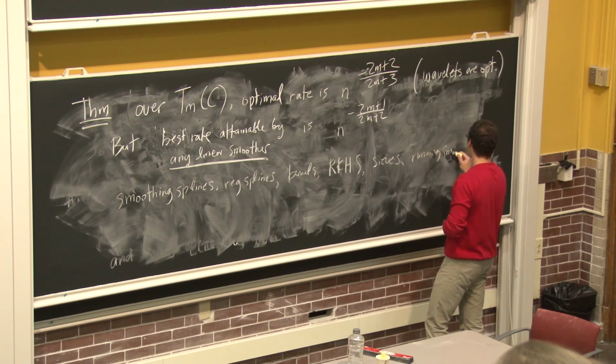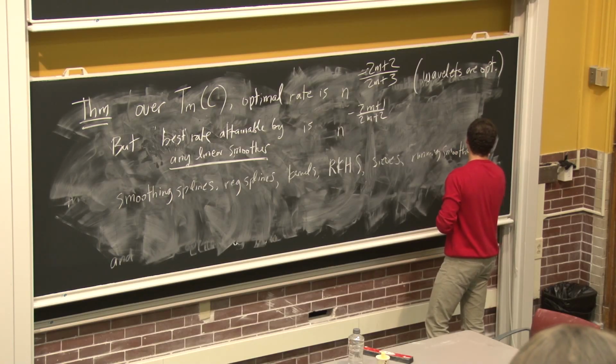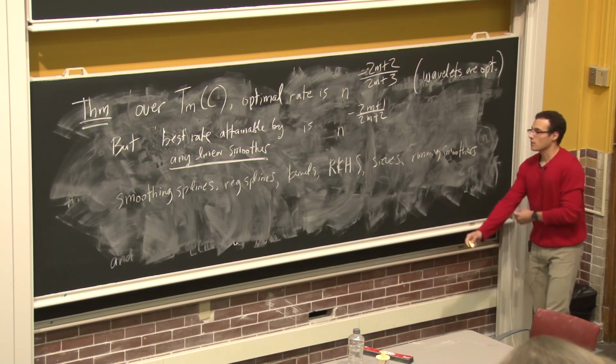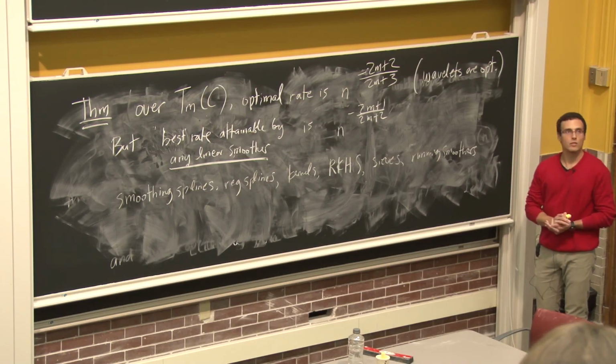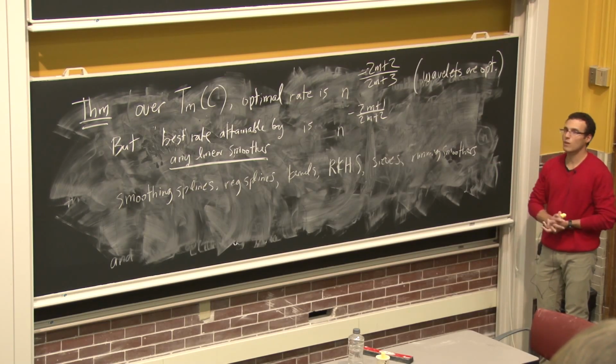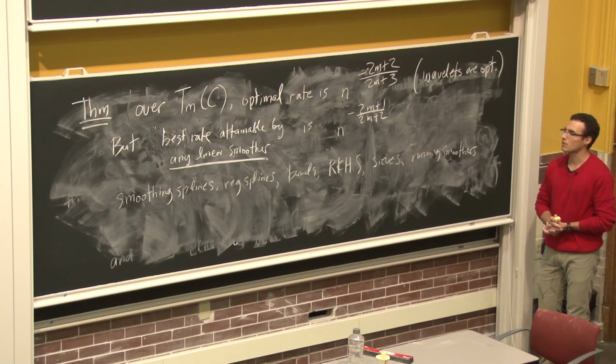You take simple running averages, many others, right? So basically, a very large part of the literature just does not do well for these problems of mixed degrees of smoothness.